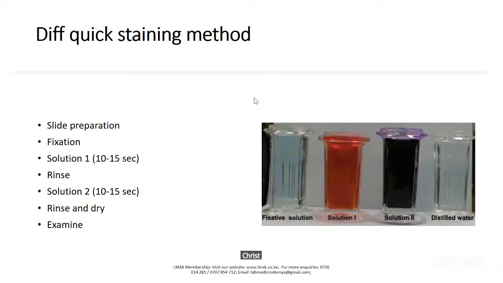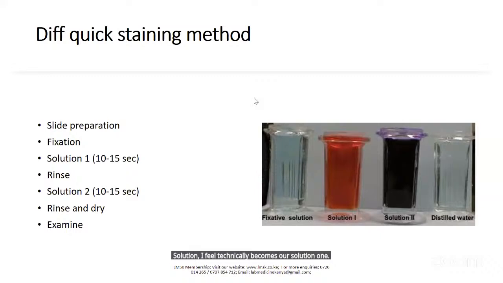Principle for DIFQuick in tissue staining. DIFQuick utilizes two field stains. That's field stain A, field stain B. Our field stain A becomes our solution 2, and field stain B becomes our solution 1.